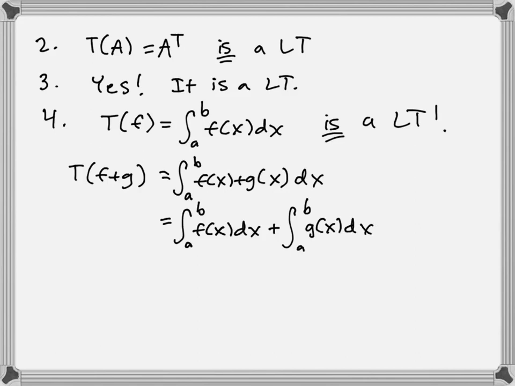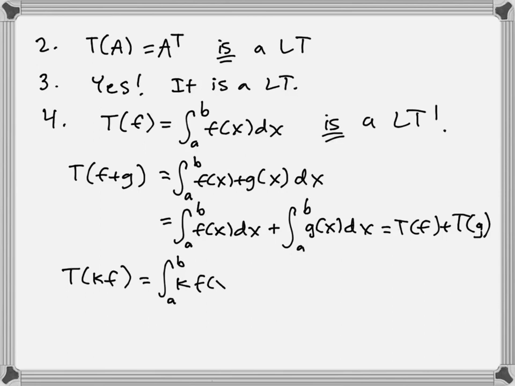This is just from calculus, but this is the same as T of f plus T of g. Okay, so that's linearity property 1, and you can easily check the other, right? T of k times f is equal to the integral from a to b of k times f of x dx. But we know that we're allowed to pull k out, right? Because it's just a constant. And this is just k T of f. Okay? So it is a linear transformation.